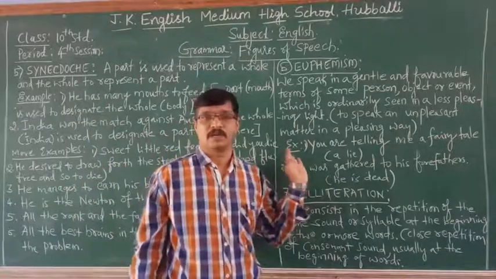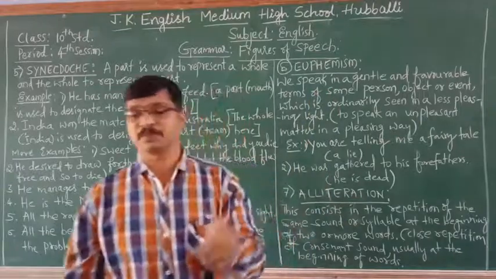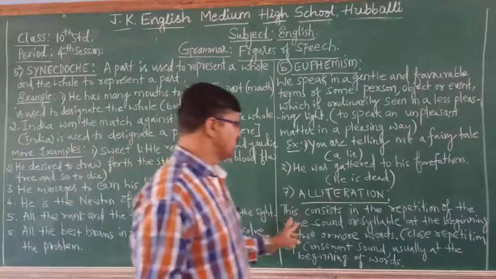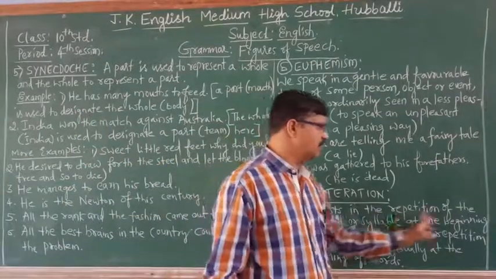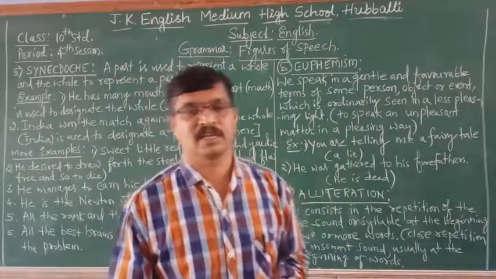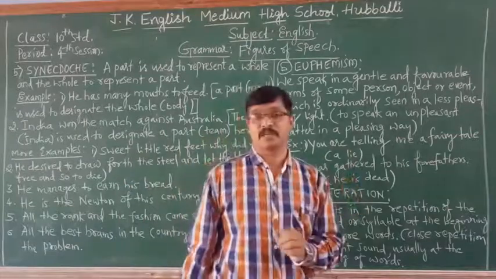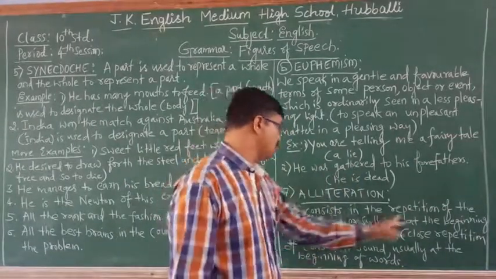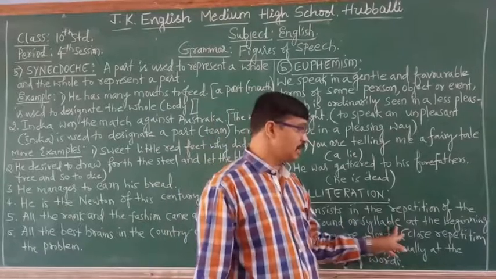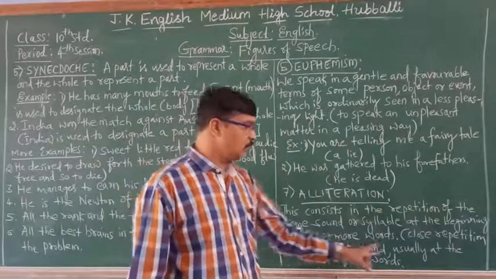Next, coming to the next figure of speech, alliteration. Very simple, children. Alliteration, this consists in the repetition of the same sound. One of the significant characteristics of this figure of speech is the repetition of the same sound or the same syllable at the beginning of two or more words.